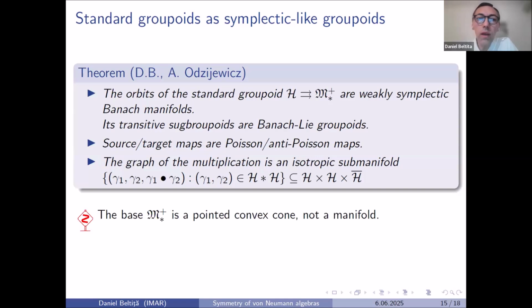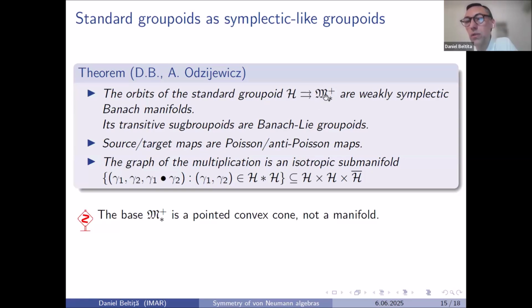However, one problem, because I should maybe stop rather soon. I wish to say that although we have all these structures from Poisson manifolds present here, one problem that is not well understood so far is that it is a Banach groupoid, but not with the natural topology on this.